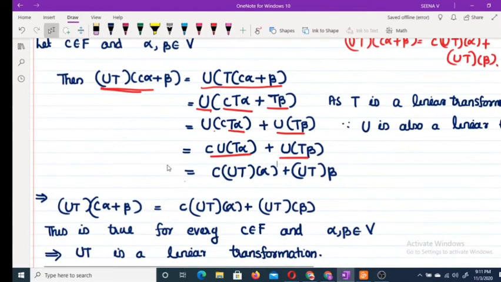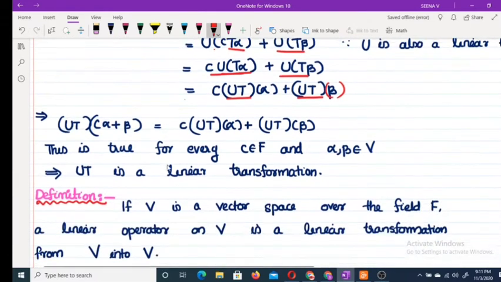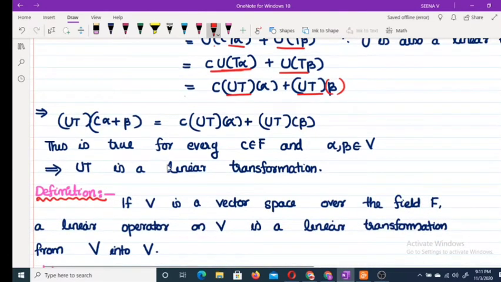And U of T alpha you can write as UT of alpha, and U of T beta as UT of beta. Thus we get UT of (c alpha plus beta) equal to c UT alpha plus UT beta. This is true for every alpha, beta belonging to V. This implies UT is a linear transformation. Clear?